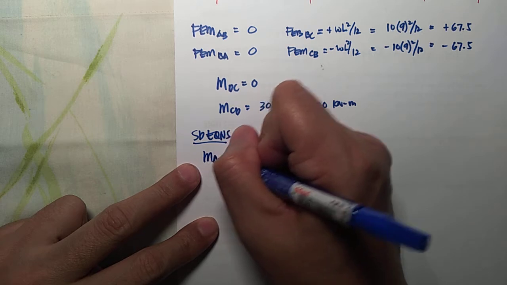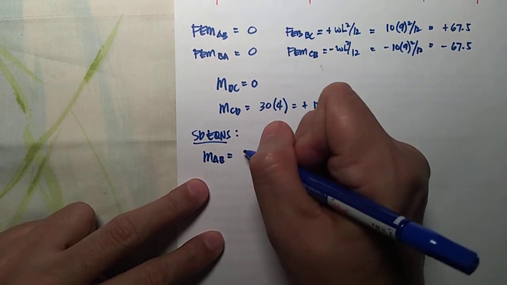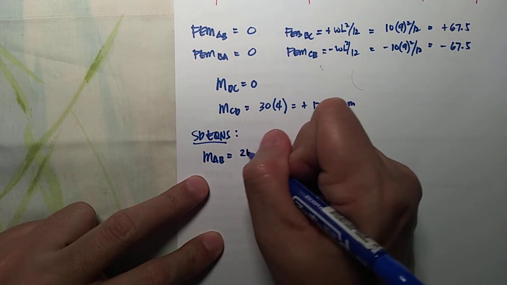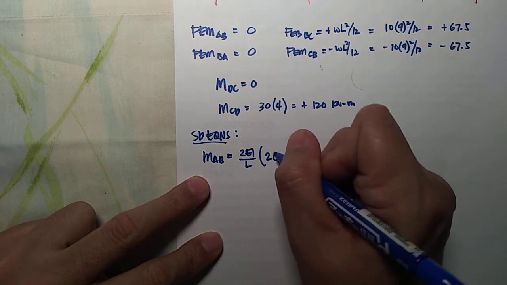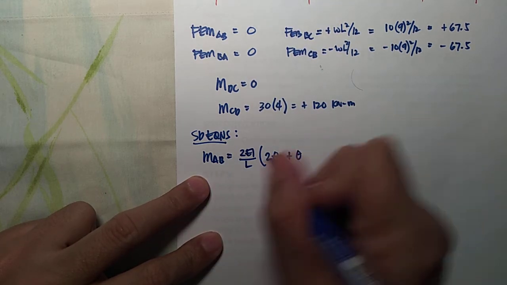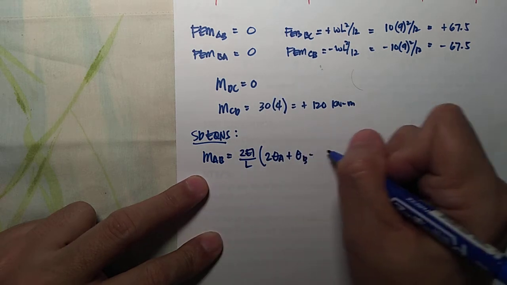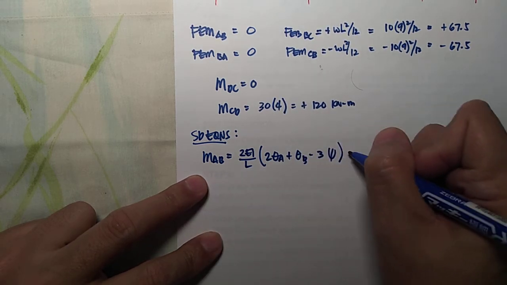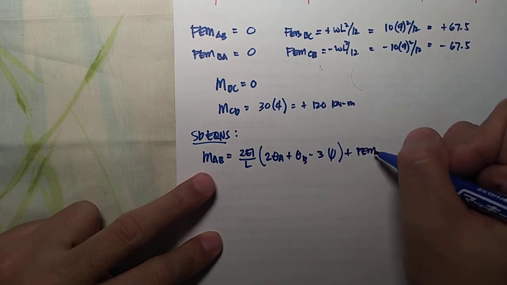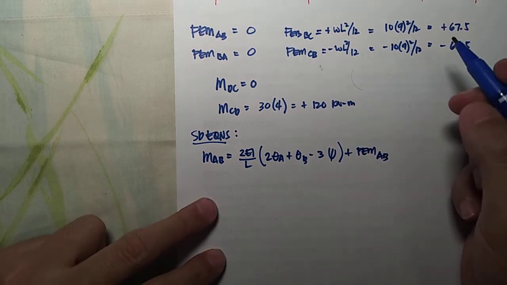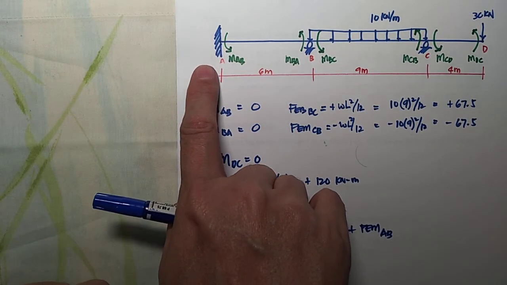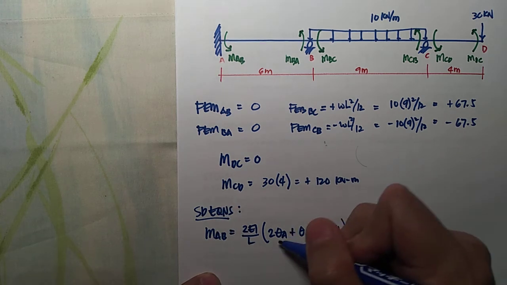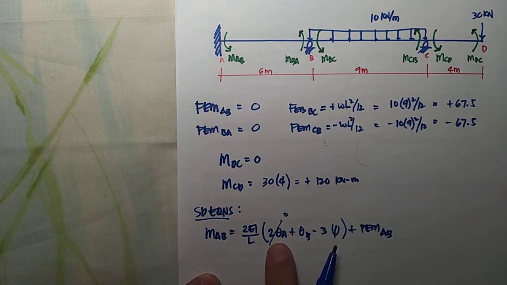MAB is equal to, the general equation is 2EI over L times twice the theta at the near end A plus one theta at the far point B minus 3 psi plus the FEM on AB. Point A is a fixed support. Therefore, this would be 0. The slope or the rotation there is 0.